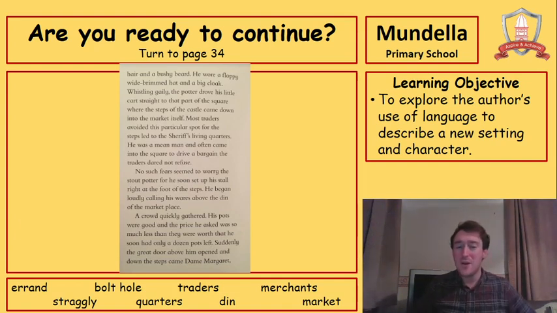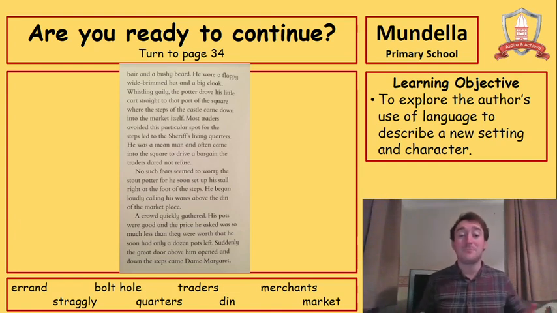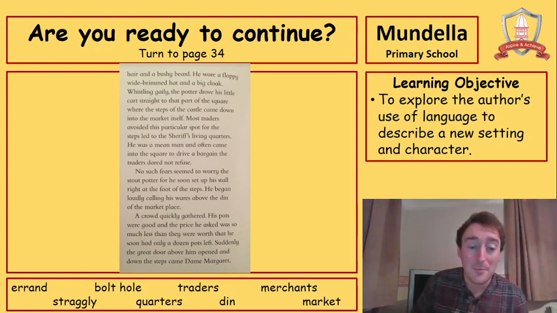Most traders avoided this particular spot, for the steps led to the sheriff's living quarters. He was a mean man, and often came into the square to drive a bargain the traders dared not refuse. No such fears seemed to worry the stout potter, for he soon set up his stall right at the foot of the steps.